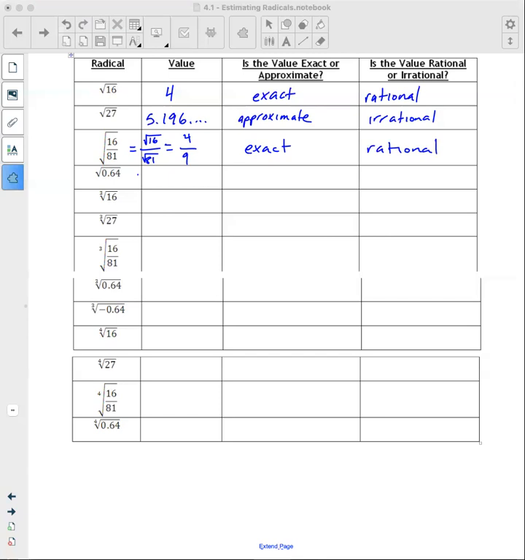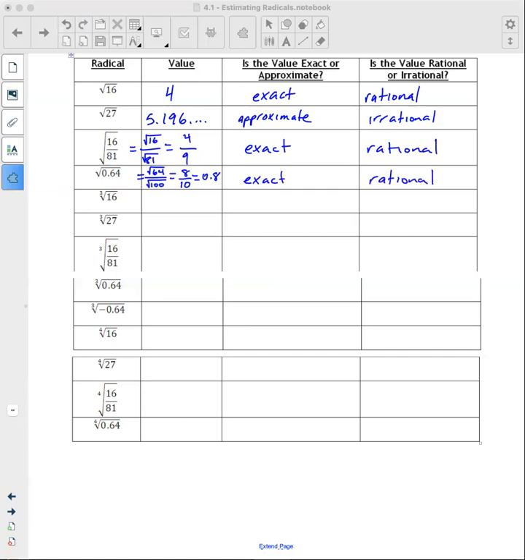This can be represented again as a fraction as the square root of 64 divided by the square root of 100, which is equal to 8/10. So again, if we can represent it as a fraction, it's exact. And if you want to go one step further even, it is a terminating decimal, 0.8. So this is an exact value and rational.